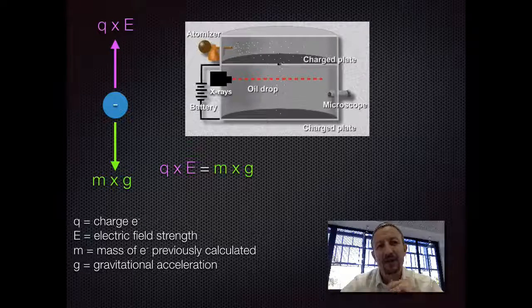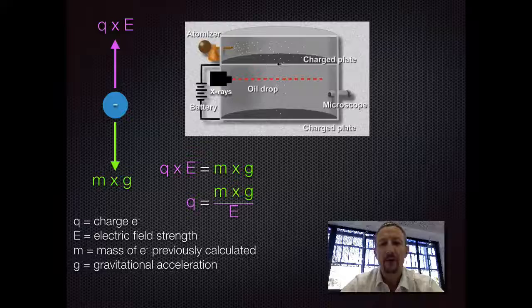Putting these together, we got Q times E equals M times G. Now he already knew the mass and he could work out the electric field strength by looking at the voltage across the two plates. From this, by simple rearrangement, he was able to determine the charge Q. Q equals M times G over E.